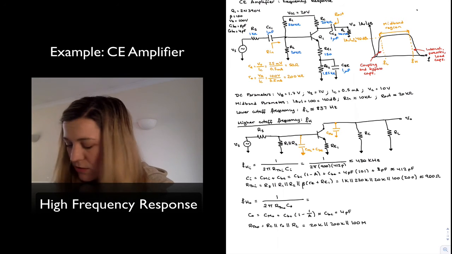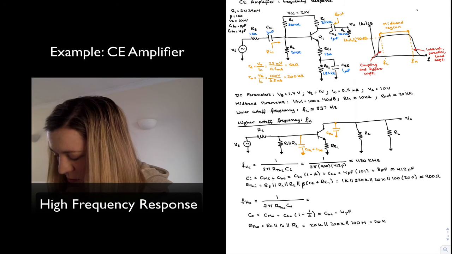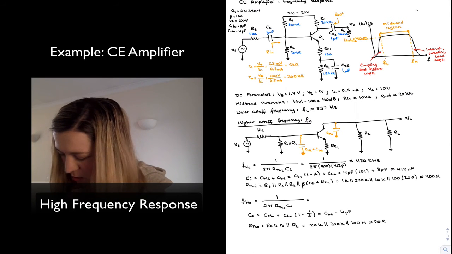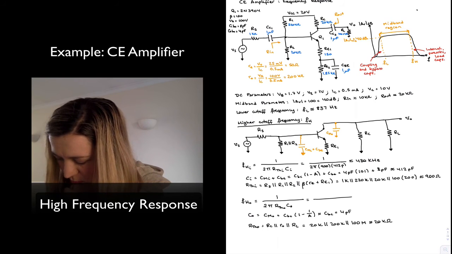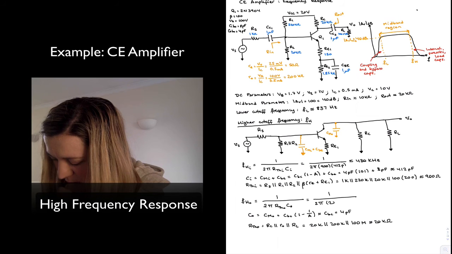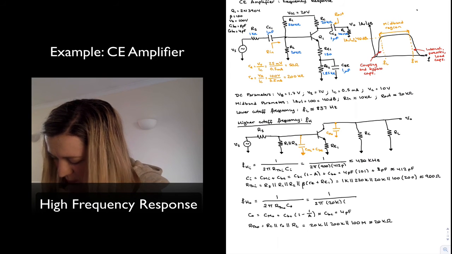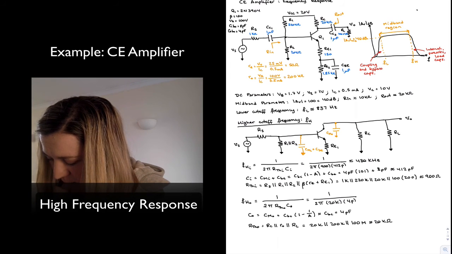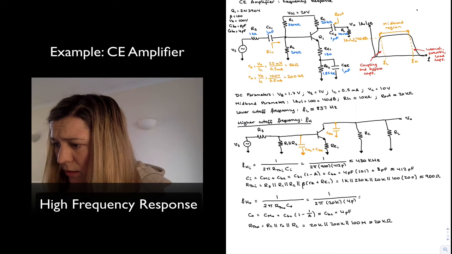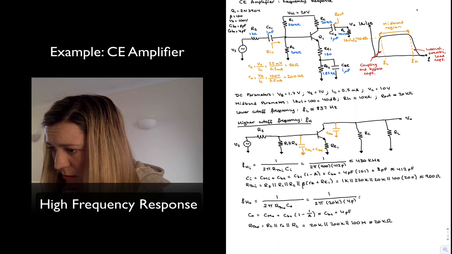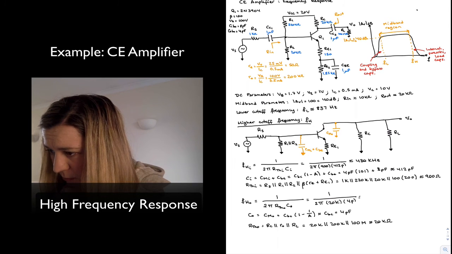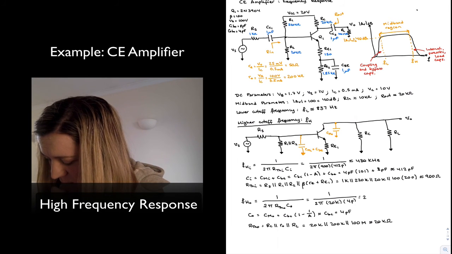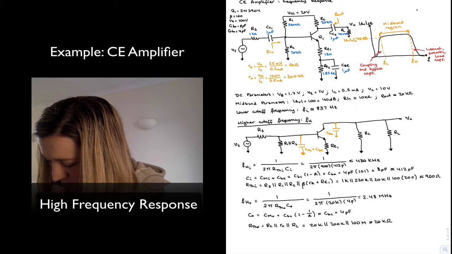We can see that RC is going to dominate that parallel combination. So that's approximately equal to 20 kilo ohms. So 1 over 2 pi 20K times 4 picofarads yields 2.48 megahertz. Approximately.